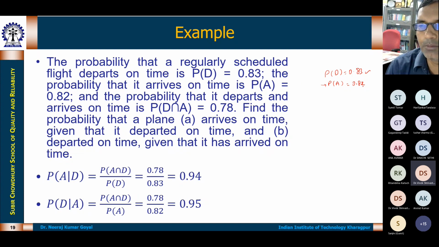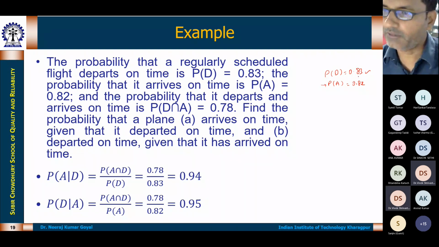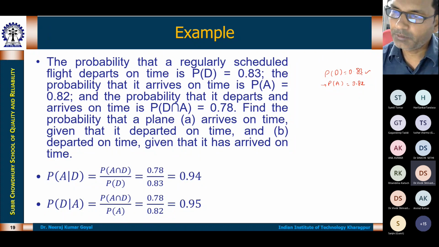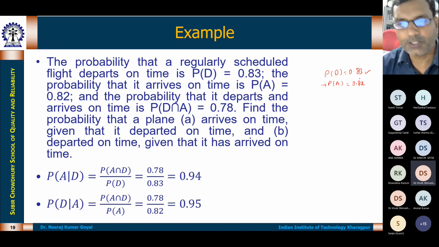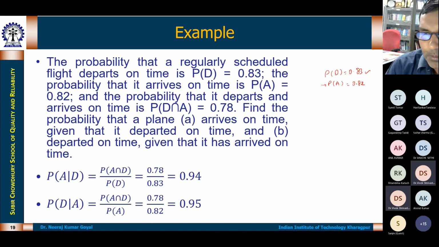So 18% will not be arriving on time, and 17% will not be departing on time. And the probability of D and A, D intersection A, is 0.78. What does it mean?